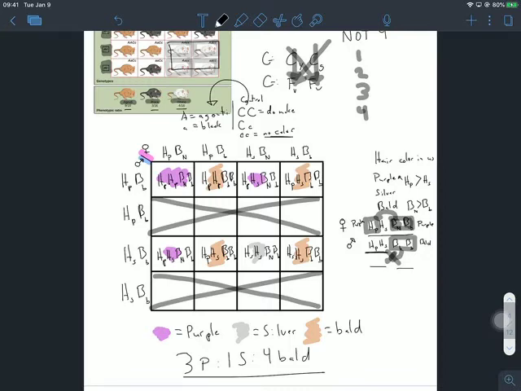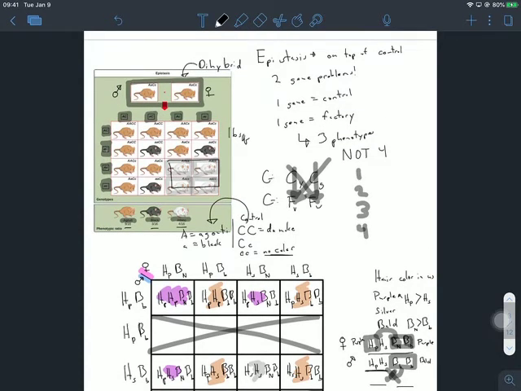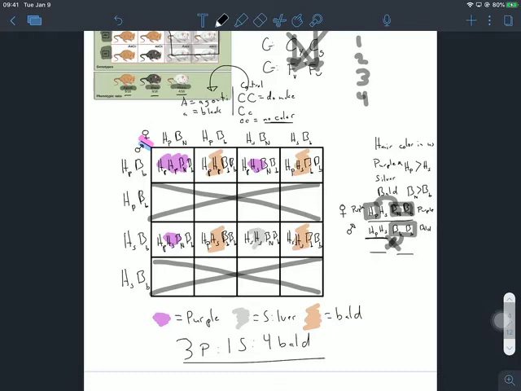And if you carried it out and wrote out these other boxes, you would notice the exact same trend. But hopefully, this epistatic control makes sense whether you're looking at mice and agouti coloring or human hair color in completely made-up examples.